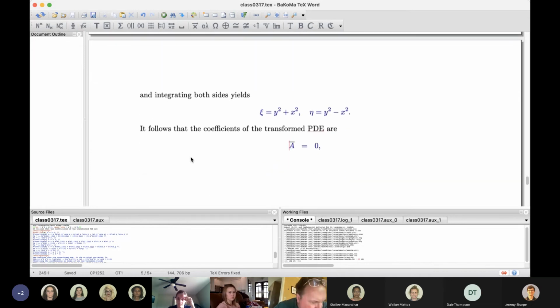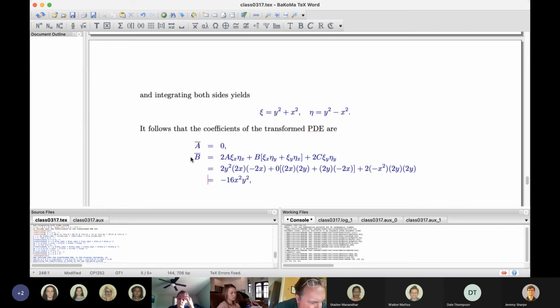So a bar is 0, that's by design. B bar, we substitute, take derivatives of xc and eta with respect to x or y, and substitute all of those in here. And this is our coefficient, so minus 16x squared y squared.